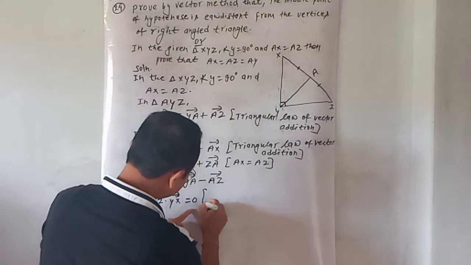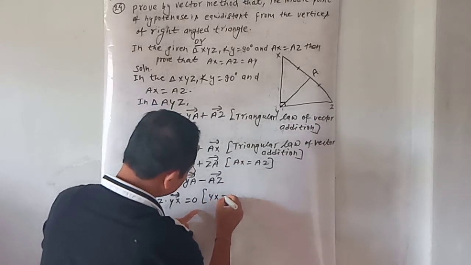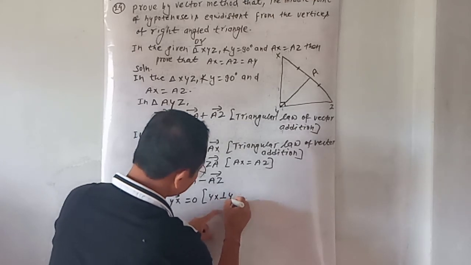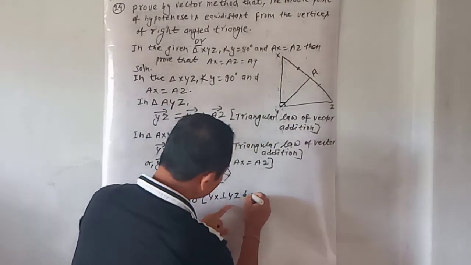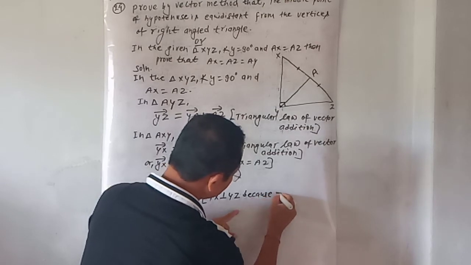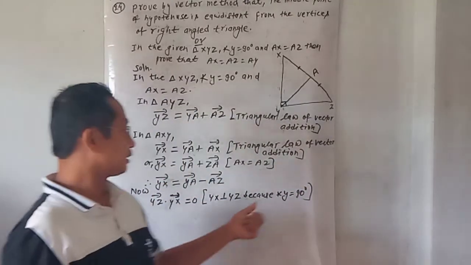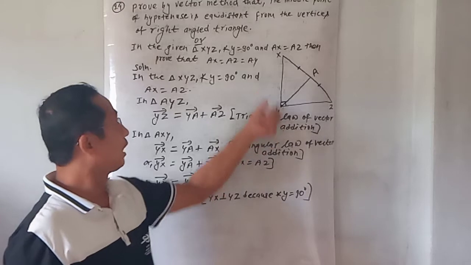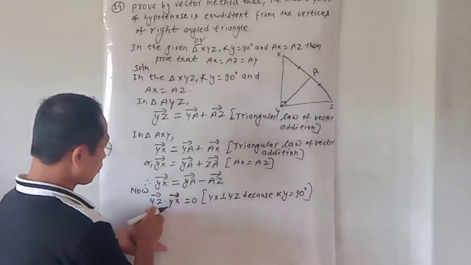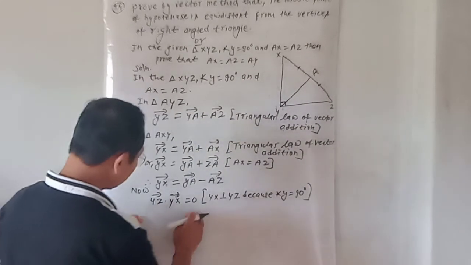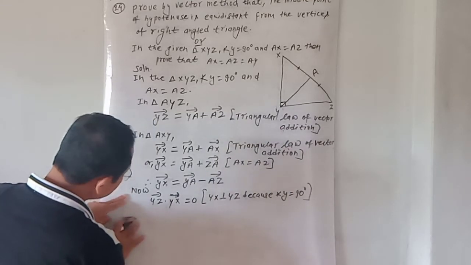We can write here YX is perpendicular to YZ. YX is perpendicular to YZ because angle Y is equal to 90 degree. Since angle Y is 90 degree, YX and YZ are perpendicular. So in the perpendicular case, vector YZ dot vector YX is equal to 0.